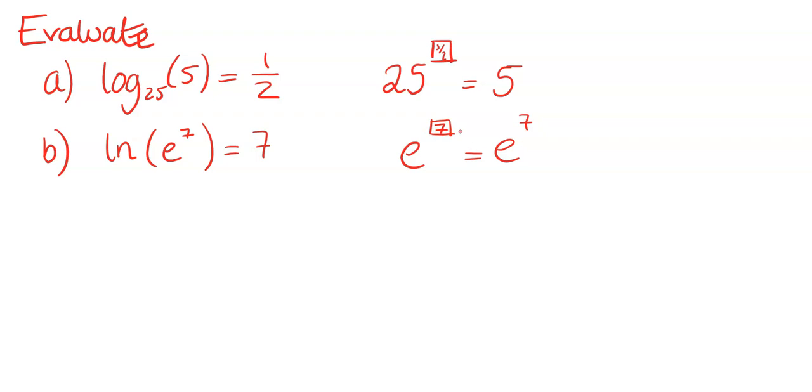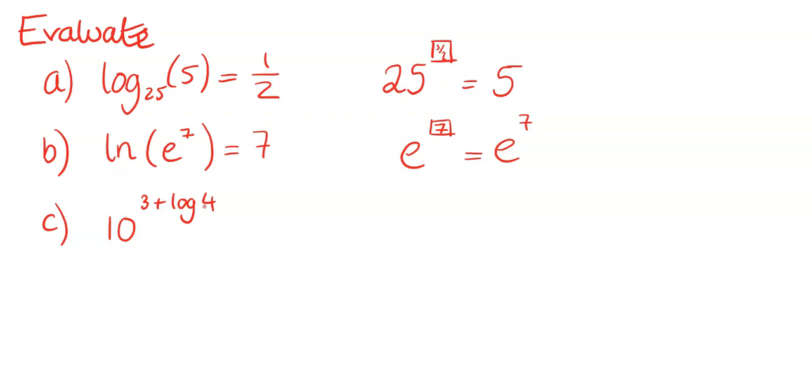Okay, last evaluate one. Now this one's a bit more complicated. Well, it's not really that complicated. 10 to the power of 3 plus log 4. So this is one of the first rules that's going to come in.